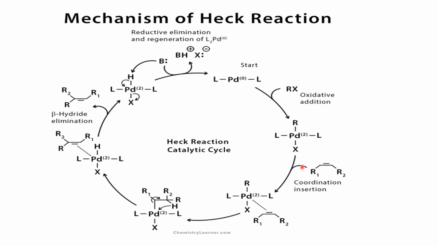So in this second step, the substrate alkene undergoes reaction with this compound so that the double bond present in the alkene makes a pi complex with palladium, and slowly it makes a bond with palladium.